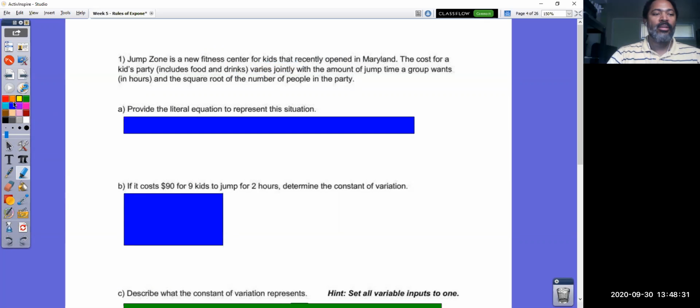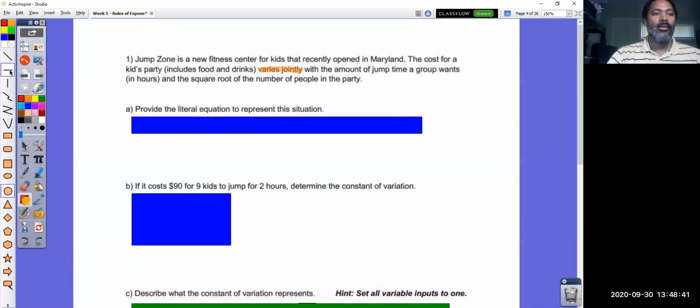All right. So we're reading the problem and we notice this phrase varies jointly. So we know that's going to be our equals k. What we need to do now is to go back before that phrase and find our dependent variable, and then look after that phrase to find our independent variables, plural, because it's jointly.